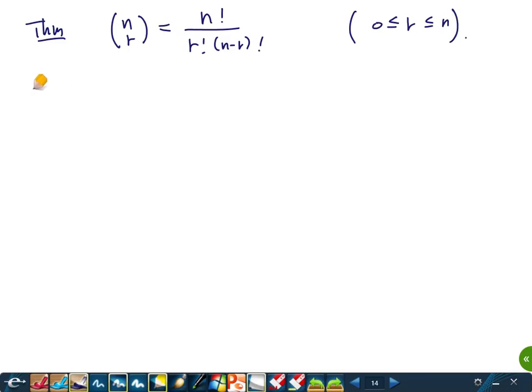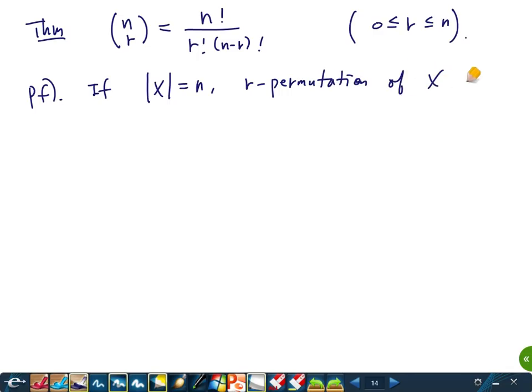So let's prove this. If the cardinality of X is n, then what is the R permutation of X? R permutation means we select R elements and we arrange them.